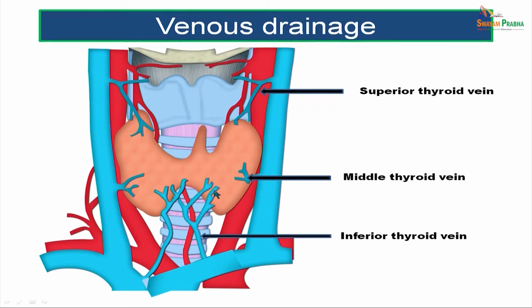So, when you are trying to mobilize structures here, because of its shortness, it can get ruptured or torn, resulting in bleeding. So, we should be very careful. You have to search for this fourth vein which is present here. It is called the fourth thyroid vein of Kocher, or Kocher's vein, which is present between the middle and the inferior thyroid veins and ends again in the internal jugular vein.